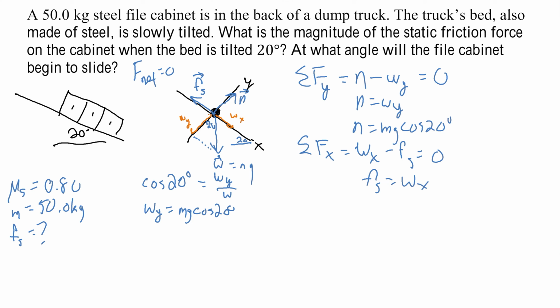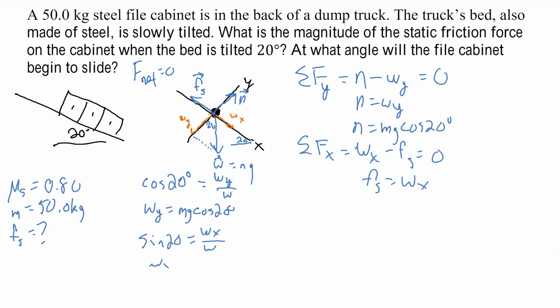Oh, silly little me. How do we find W sub x? Well, since that's a right angle, 90 minus 20 equals 70, so that angle... Why not do sine 20 degrees equals W sub x over W?